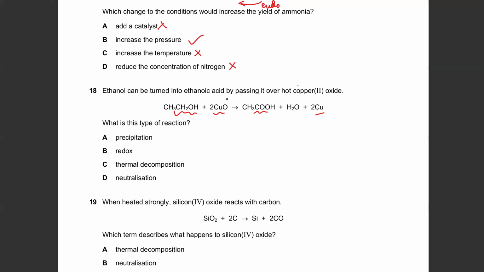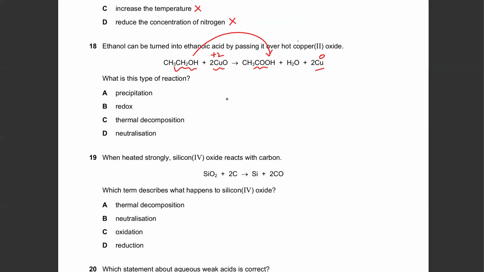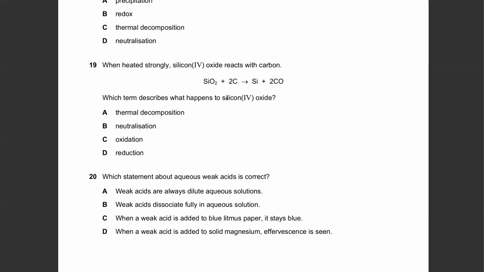This is redox, the gain and loss of oxygen, because copper was +2 and now it's 0, right? So it got reduced. And in organic chemistry, you've read that alcohols get oxidized to carboxylic acids using KMnO4 or K2Cr2O7. So that's a gain of oxygen, so that's oxidation. This reaction, what term describes what happens to silicon 4 oxide?